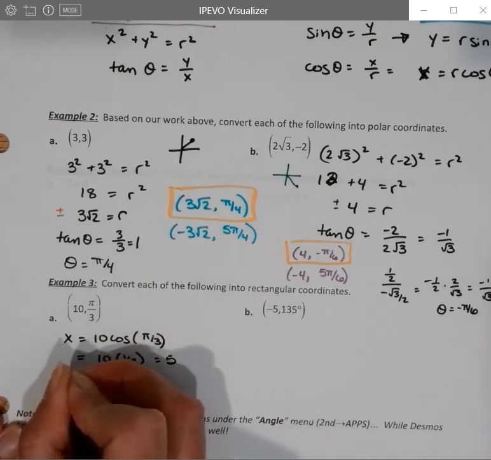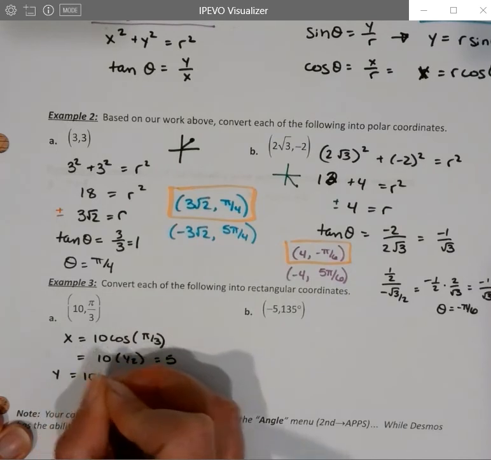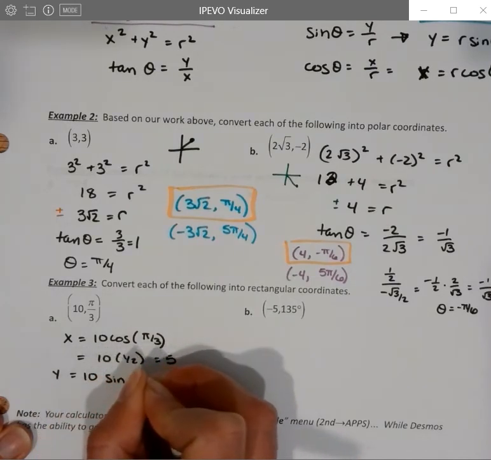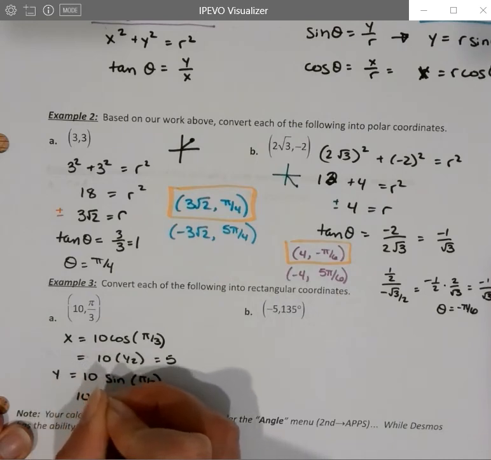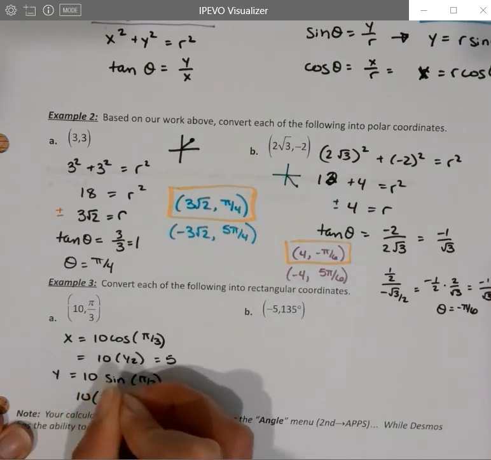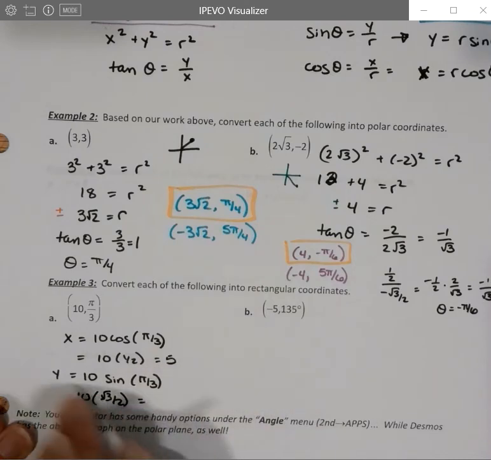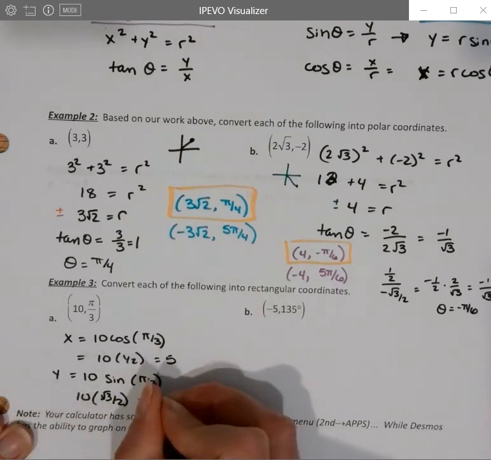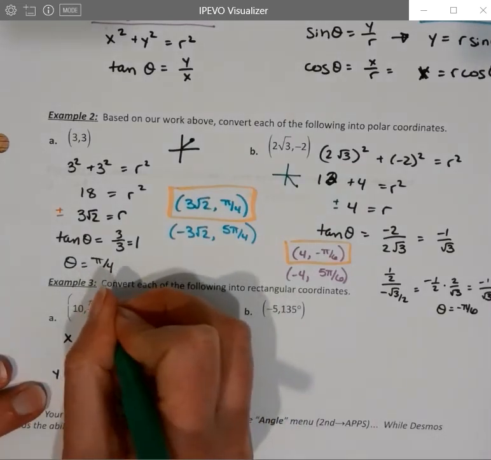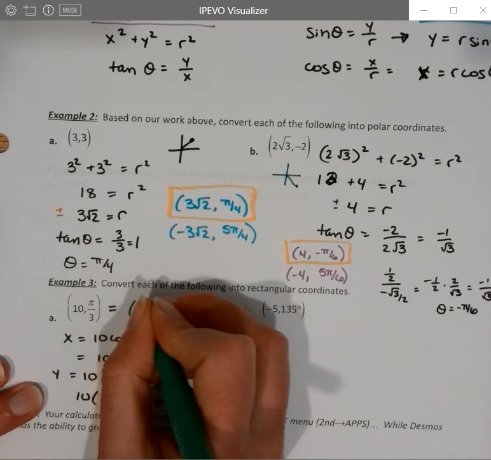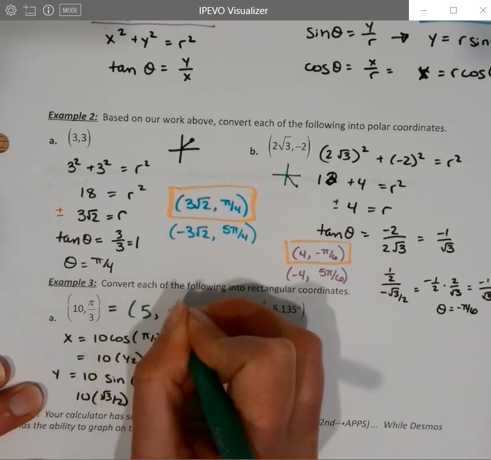And the y value is 10 times sine pi thirds, which from the unit circle is 10 times the square root of 3 over 2. That reduces to 5 square root of 3. So our rectangular ordered pair for this is the ordered pair (5, 5 square root of 3).